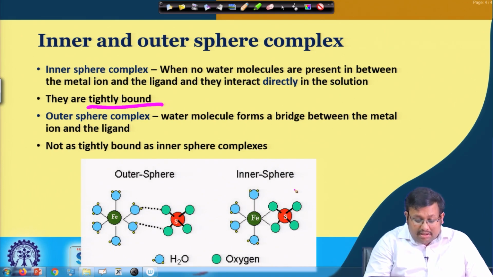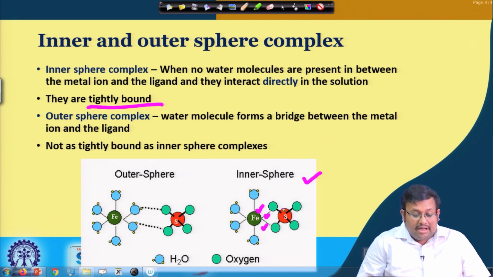Here you can see that the iron atom, or metal ion, is directly linked with the ligands without water molecules in between. Although water molecules are present surrounding the iron, in the link which directly connects with the ligand, there is no water molecule.